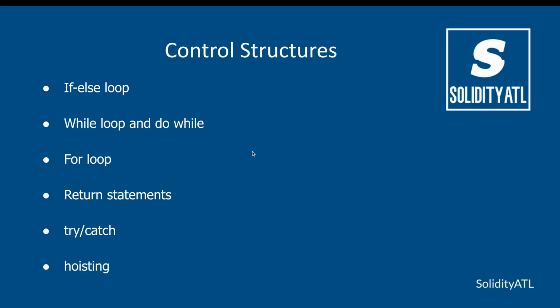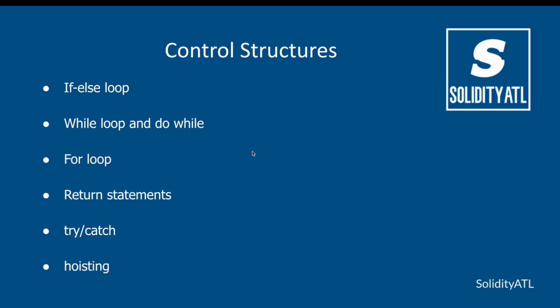Solidity also supports control structures, which is what you would typically see in most programming languages. We have if-else statements, while loops and do-while loops, for loops, return statements, try-catch statements, and hoisting. I'm only going to cover if-else, for loops, and return statements. You will see while loops and do-while loops used.